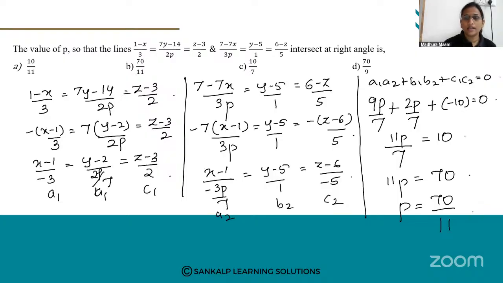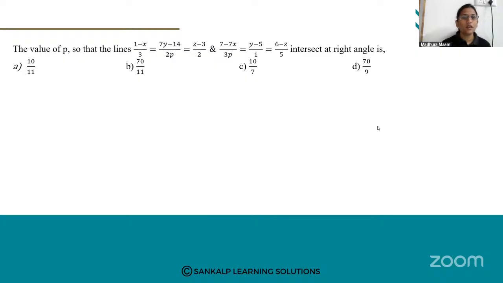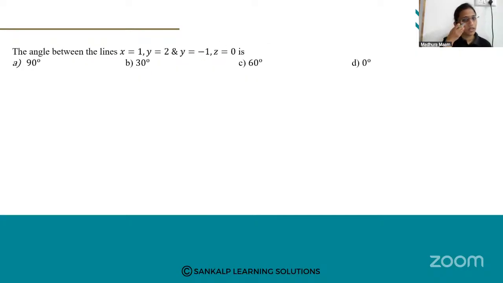Okay, so which option is this? Option B is your correct answer. Yes. Okay, so we solved the equation for p. What piece of information did we use here? The piece of information that the lines are perpendicular. Okay. Next. Yes. Again, a very interesting question.